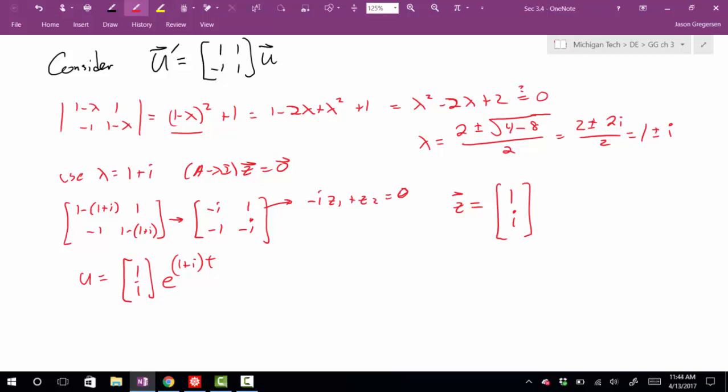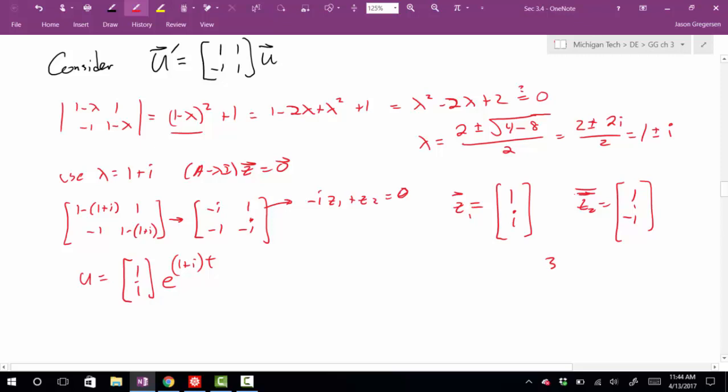What was the other eigenvalue? Minus i, the complex conjugate. The same thing is going to be true with the eigenvectors. If I found one eigenvector to be (1, negative i), or (1, i), then the other eigenvector associated with the other eigenvalue would be the conjugate. It would be (1, minus i).